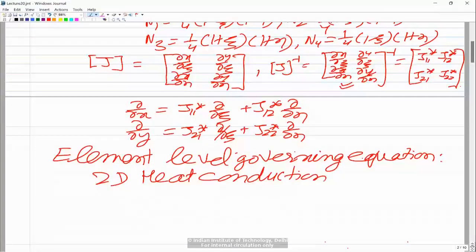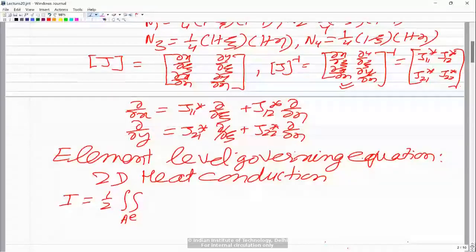So for this we had already, from the differential equation, got the integral functional, which was half, and of course in most of the cases I am developing the element level governing equations from the integral functional, but you can also develop them directly from the weak form, the way I illustrated for one of the one dimensional problems.